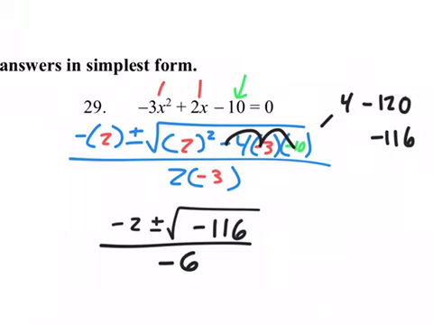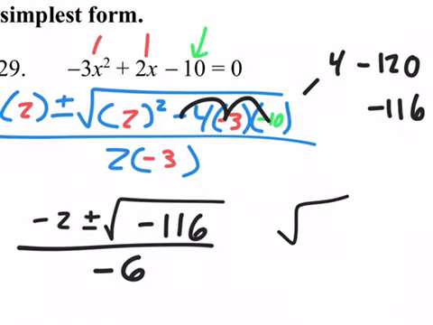All right. So looking at our negative 116, I know there's going to be an i in there. It's also going to simplify down to, so let's go ahead and think of this as negative 1, 4, and 29. And it might take you a little bit of time to find a perfect square in there, but just start dividing. If you divide it by the very first one, which is 2 squared for 4, you can find that that one does indeed work. So here's the stuff we can square root.